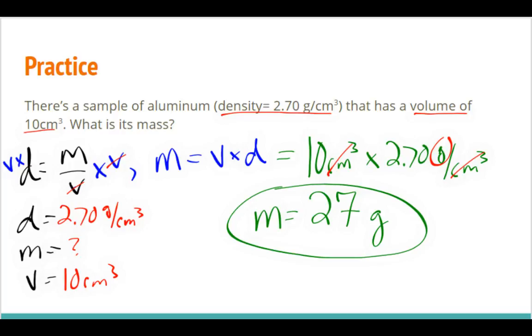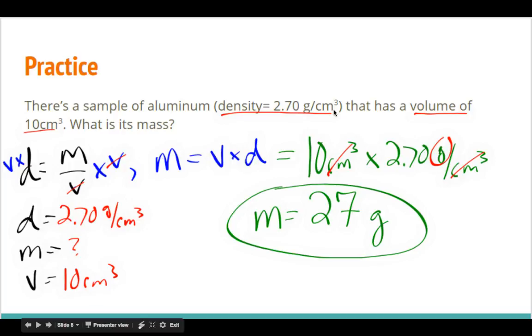Another example problem, if it gives us density of aluminum as 2.7 grams per centimeter cubed, and the volume of a sample of aluminum is 10 centimeter cubed, what is that sample's mass? To do that, you have to take our original equation, D equals m over v, multiply by v on both sides to get m by itself. You get m equals v times d.